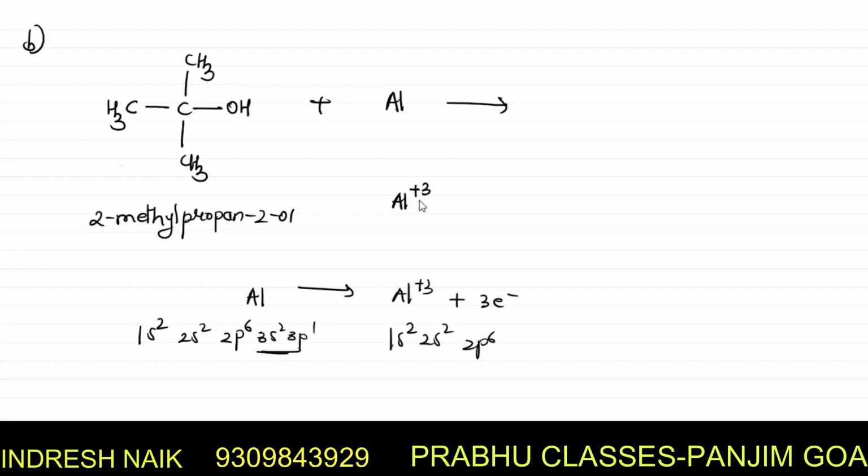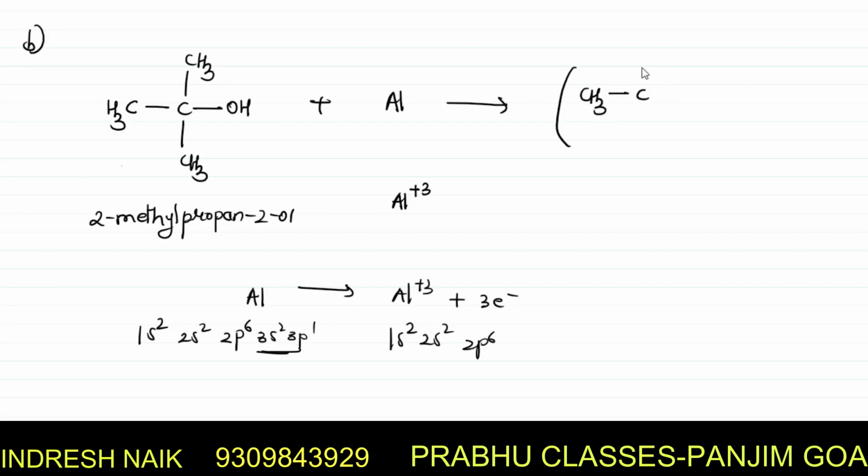So aluminium is going to change to aluminium 3 plus. One hydrogen can accept only one electron, right? So here aluminium alkoxide will be formed. How will that be formed? I will write a balanced equation finally.